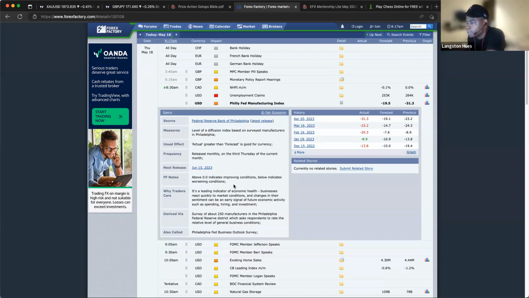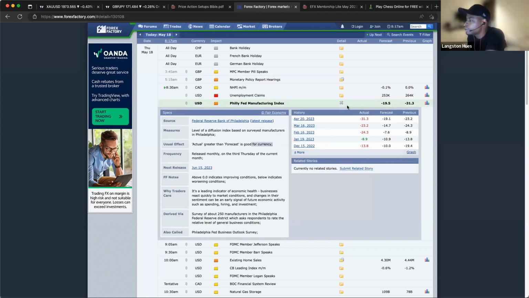It's a leading indicator of economic health. Businesses react quickly to market conditions, and changes in their sentiment can be an early signal of future economic activity, such as spending, hiring, and investment. Survey of about 250 manufacturers in the Philadelphia Federal Reserve District, which asks respondents to rate the relative level of general business conditions. Cool. So actual greater than forecast is good for currency. Current forecast is negative 19.5.